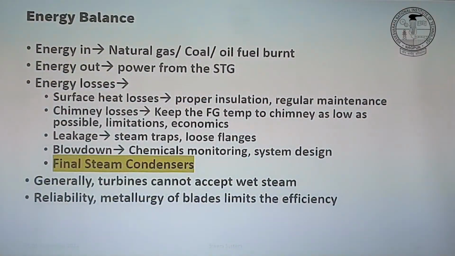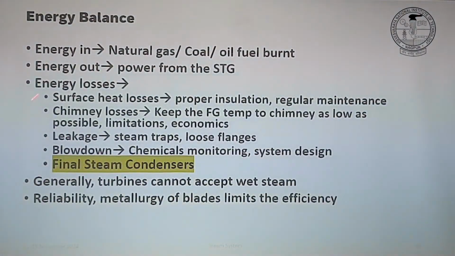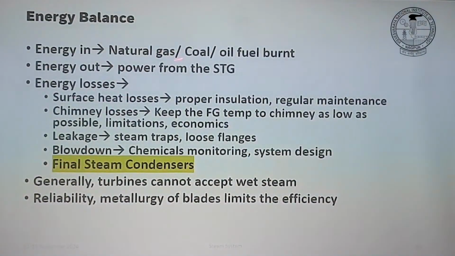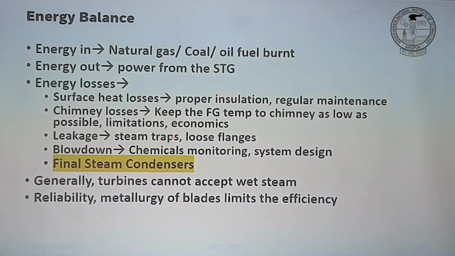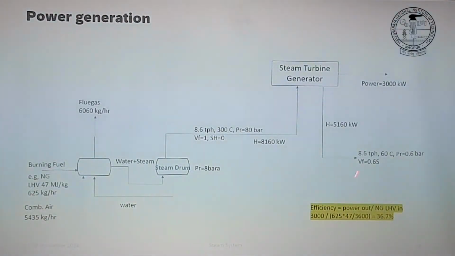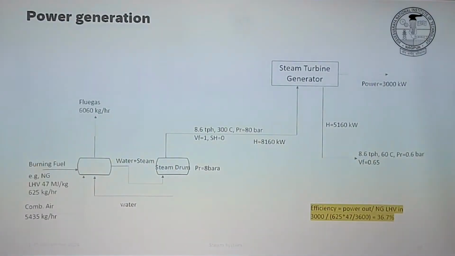Like we applied this energy balance for the thermal system, for the power system. Once again, energy in is whatever you burn, our fuel burn. Energy out will be the power out, the electricity you produce. And we have similar energy losses, but one new thing is the final steam condenser, because we realize we'll always have the steam condensed somewhere, right?